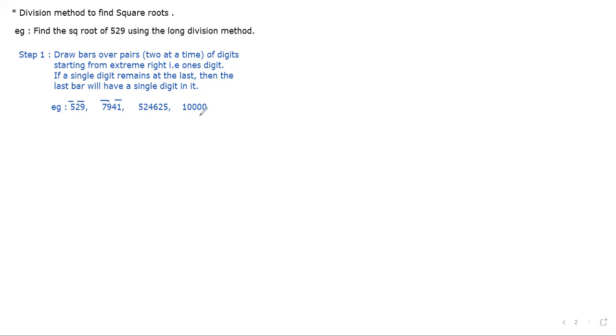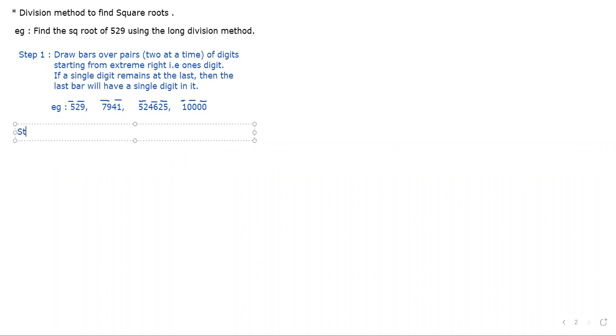Here 25, 46, and 52, so 52, 46, 25, correct. Here 00, 00, 01. Are you understanding how to draw the bars? Yes, sir. We will always draw the bar on a pair of digits.